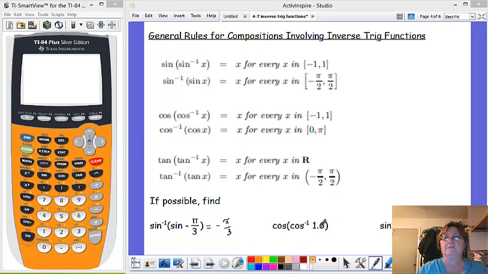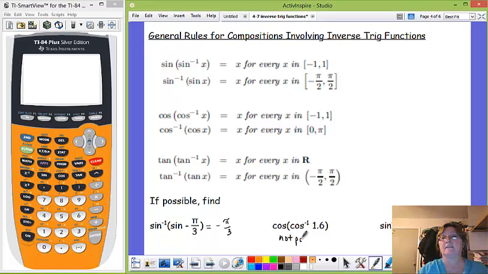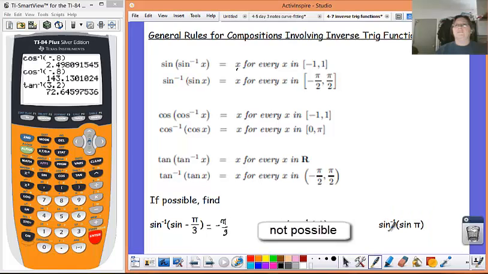Or, if you think about it, there is no angle that has a cosine that is 1.6. So this one is not possible. This one says, find me the angle whose sine is the same as the sine of pi, except we have to be inside this range, and pi isn't inside that range. So we got to do some thinking on this one.